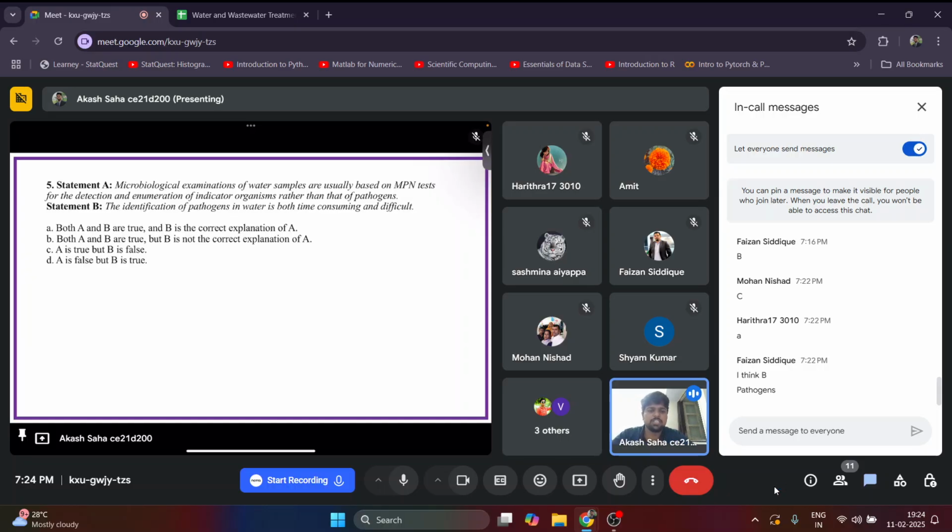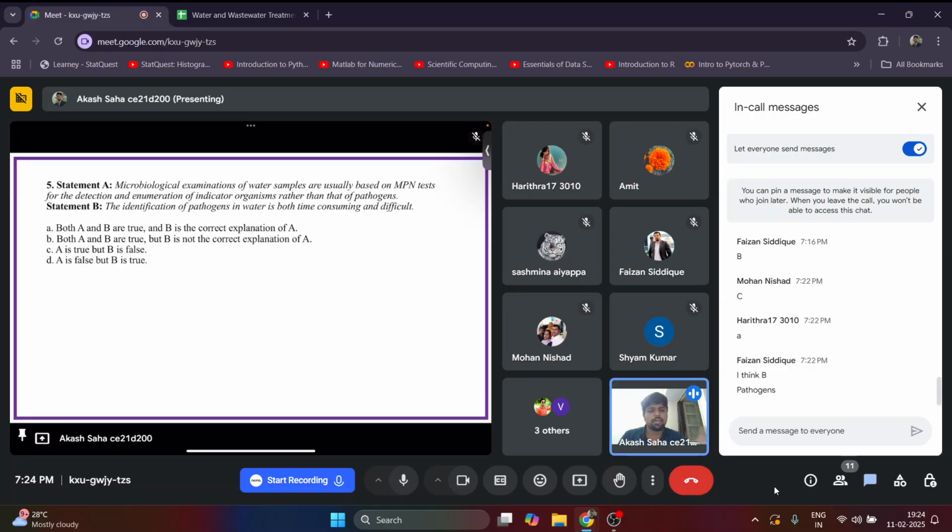coli, Escherichia coli. So finding out the presence of these coliform or indicator organisms is rather easy with the help of the MPN test. So that's what is said in statements A and B. So both the statements are correct, because for microbial examinations we want to find out pathogens, but finding them out is very difficult and time consuming, and also some health implications are there.